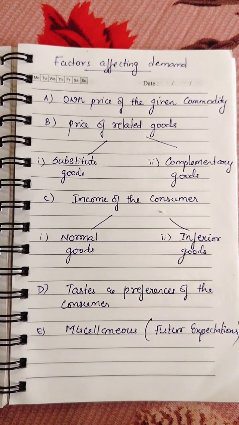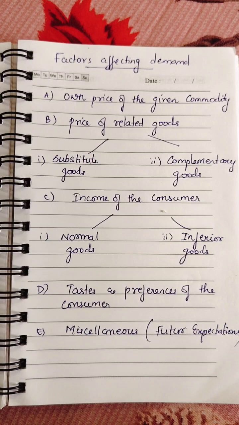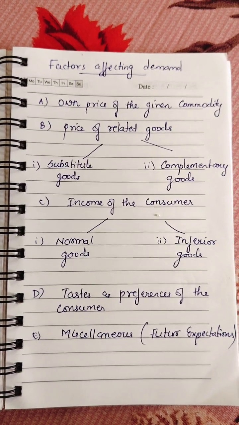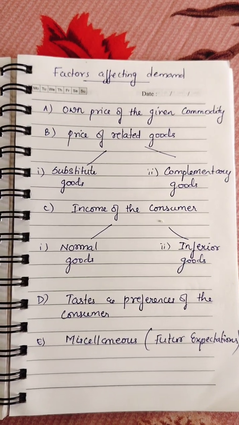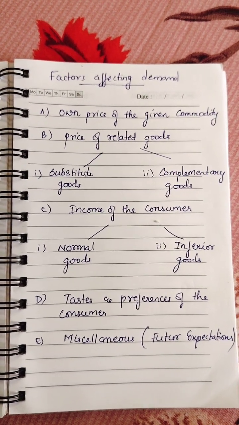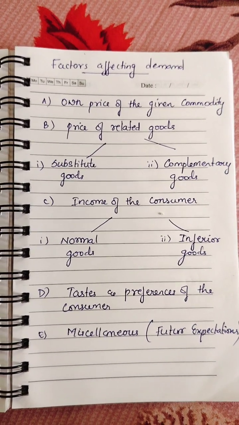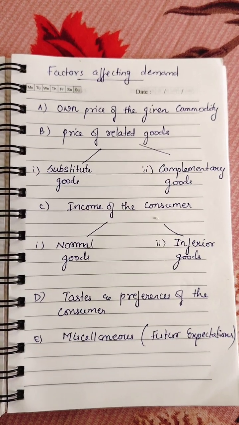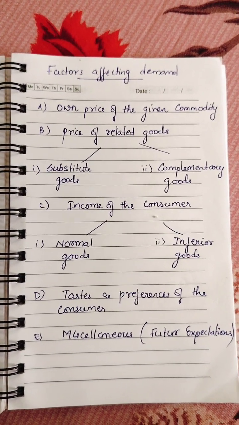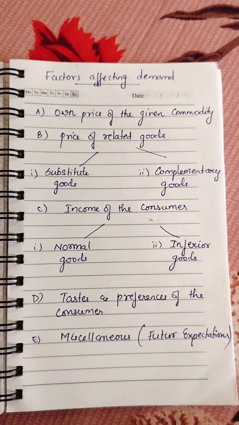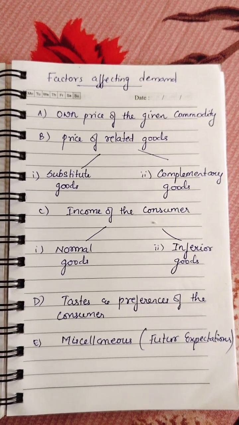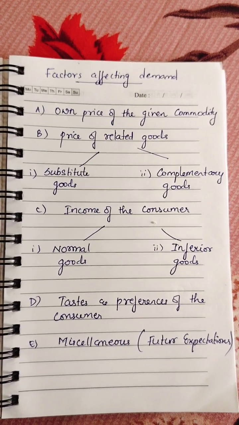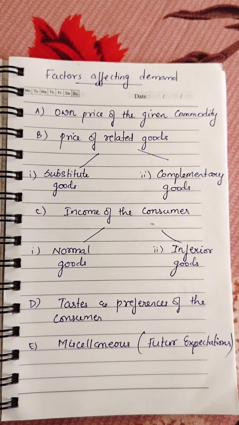Next one is the income of the consumer. In the case of a normal good, if the income of the consumer increases, he will start demanding more of the normal good. But in the case of an inferior good, even though the income of a consumer increases, he will not demand that much of the inferior good. For example, we will take potato as an inferior good.